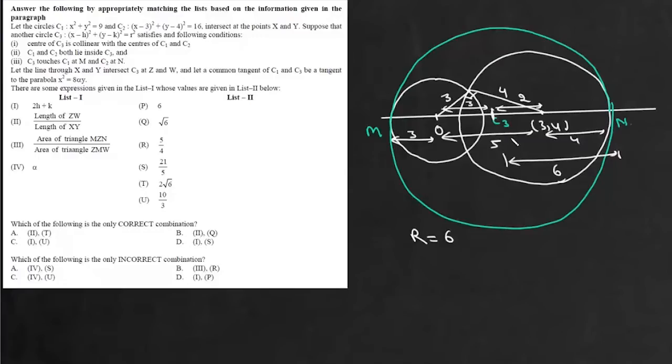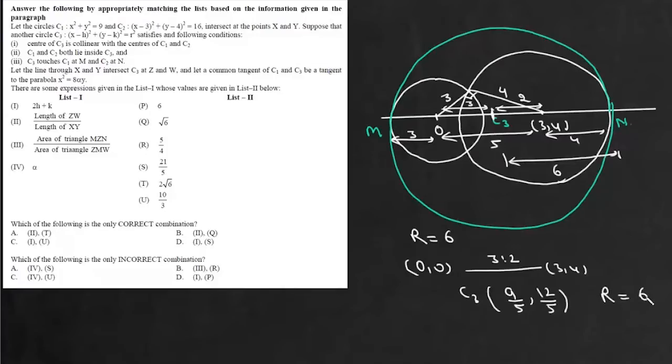So this C3 divides origin and 3, 4 in the ratio 3:2. So center of the circle C3 will be at 9/5 and 12/5. So for this third circle, we have center and we also have its radius.